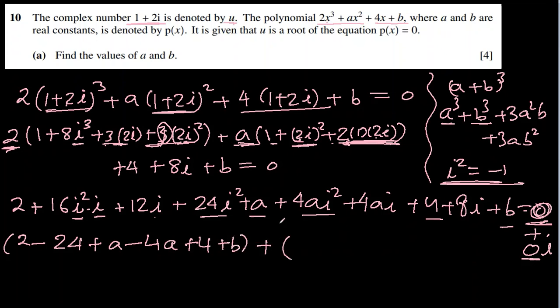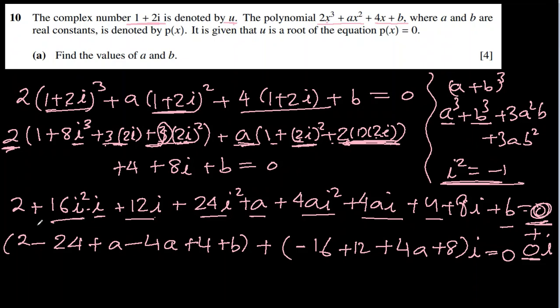That's the real part. Now, imaginary parts I will write without i. This will be minus 16, then 12, this one, and then we have taken this one. This is done, this is done, this is remaining, plus 4a, then plus 8, and done. And i outside equal to 0, 0 plus 0i.